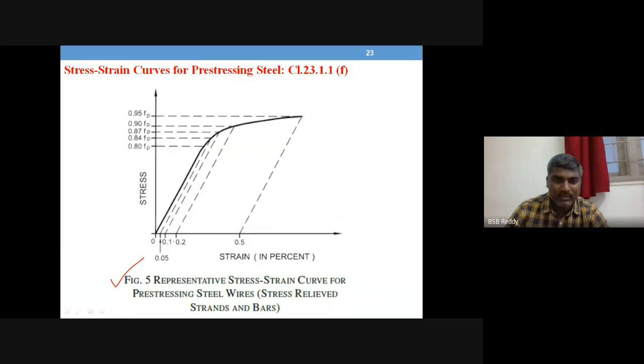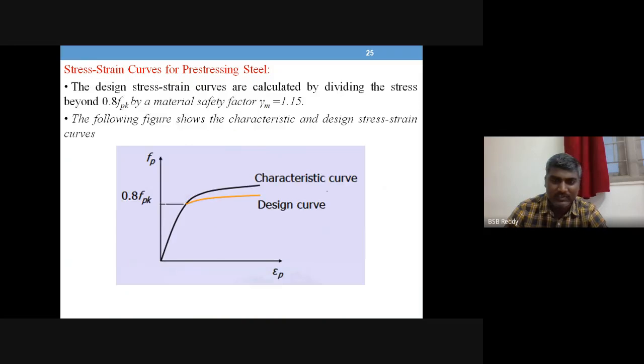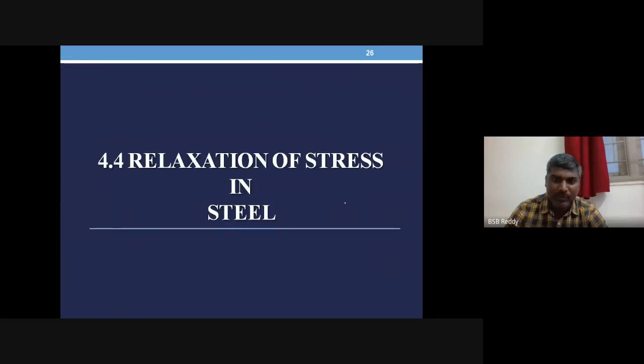You can see that this is the 0.2% line where it meets 90% of the ultimate stress, right? So this is the stress strain curve, and its dependency on the treatment process is discussed. And we have discussed what value of material factor of safety is to be used to obtain the design curve.